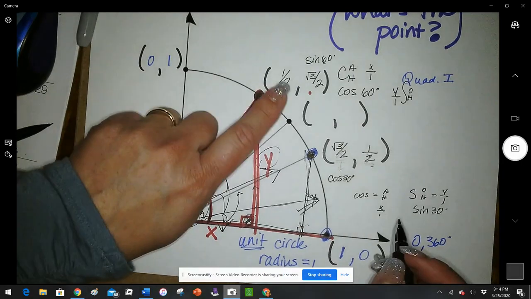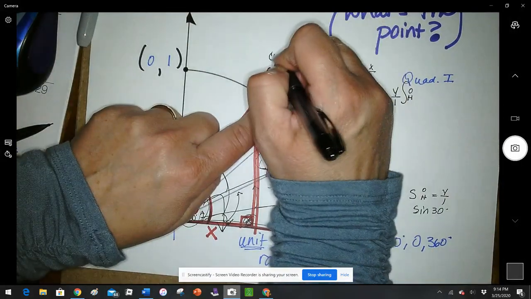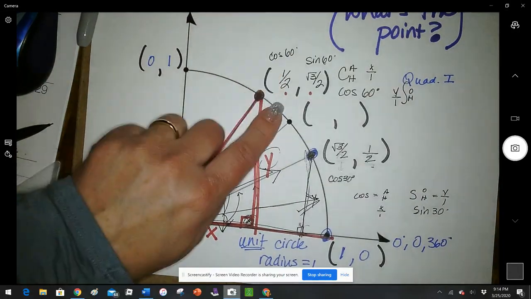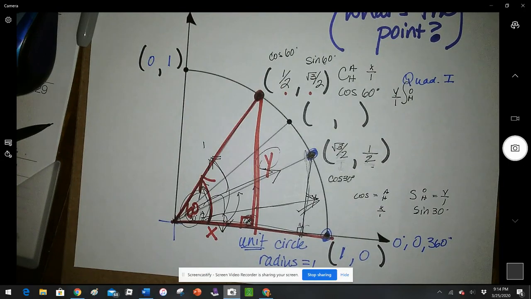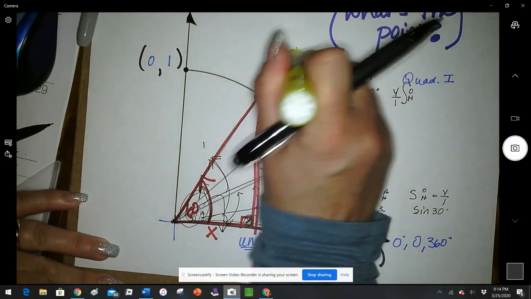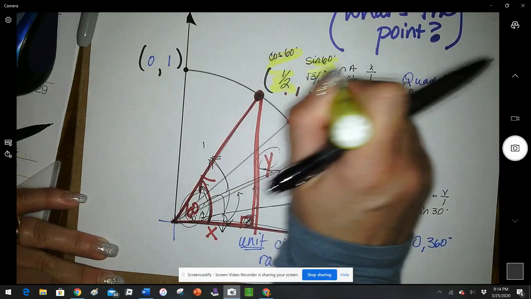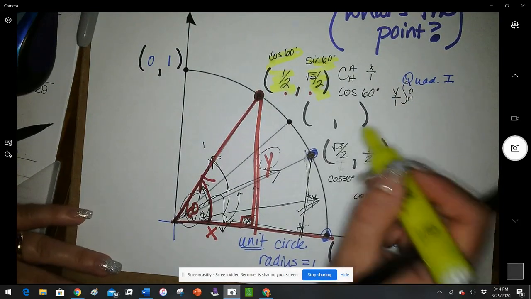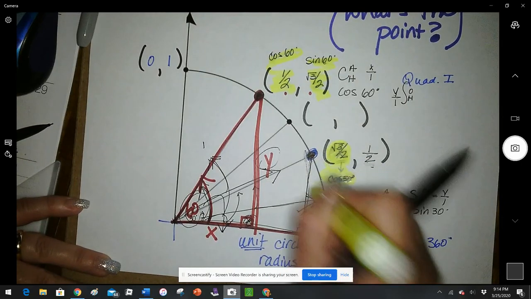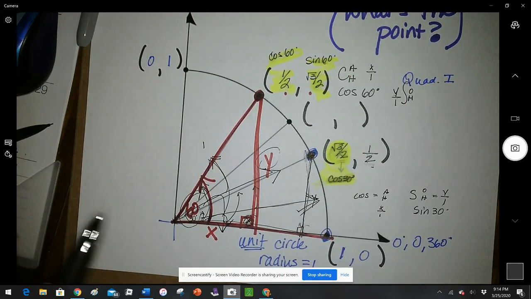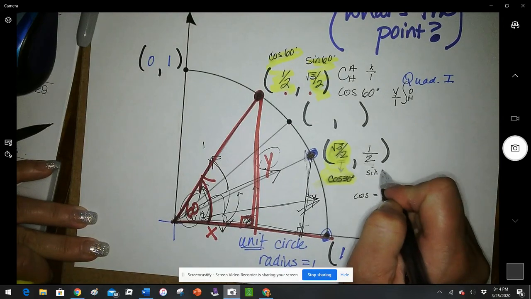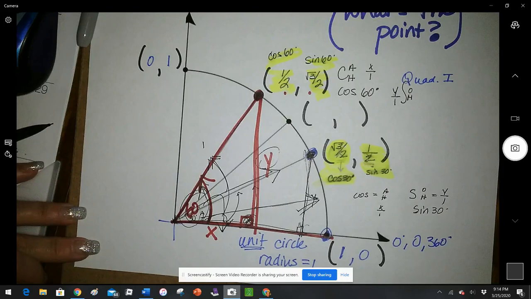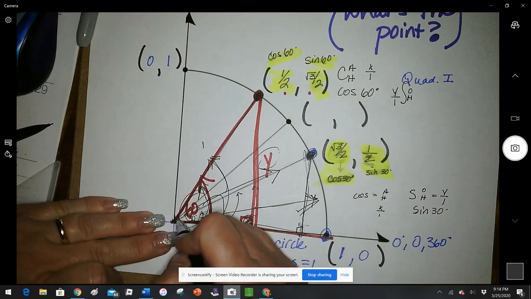Again, we got this 1/2 by doing the cosine of 60 degrees. Looking at your chart, the cosine of 60 degrees is 1/2, and the sine of 60 degrees is root 3 over 2. Again, the cosine of 30 degrees is root 3 over 2, and the sine of 30 degrees is 1/2.